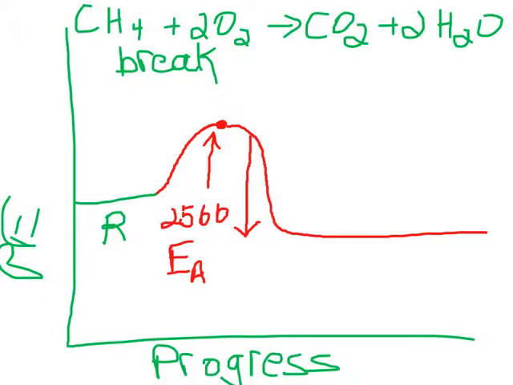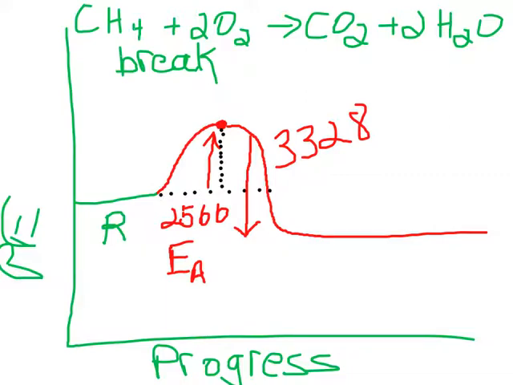And the size of that release of energy we determined to be 3,328 kilojoules per mole. So now if we look at this hill, let's look at that maximum point of energy, draw a dotted line down from it and one across, like so.